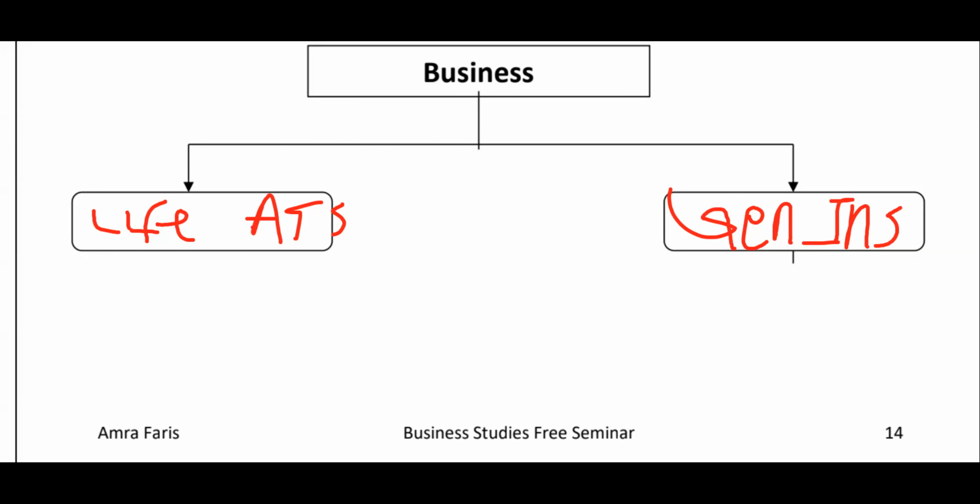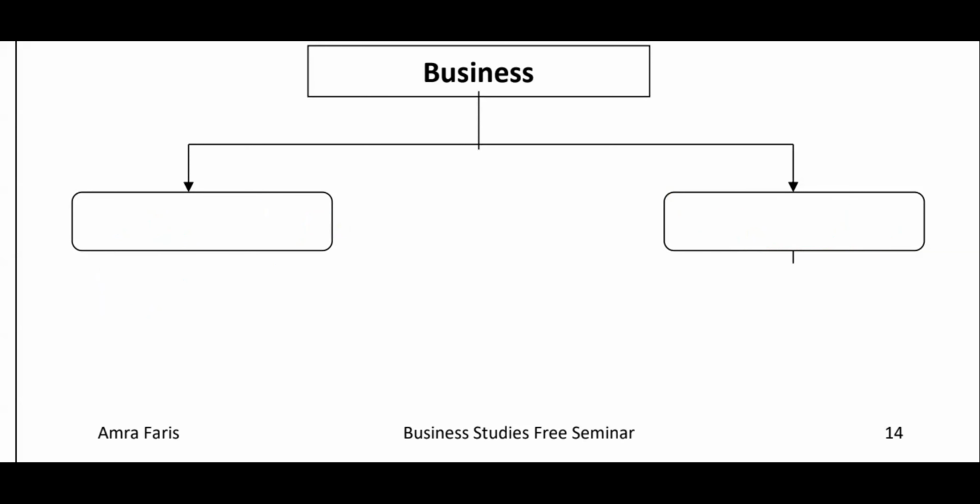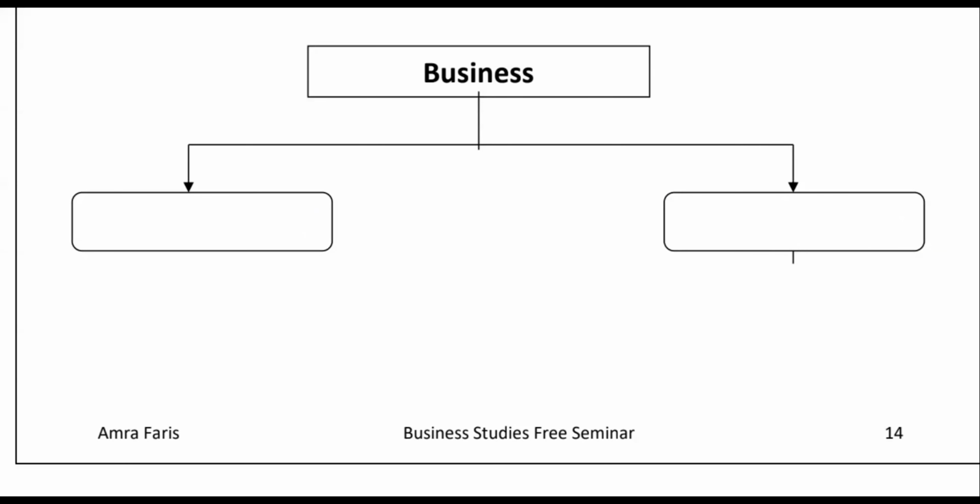So under life assurance, you have four things. The first one is annuity assurance. Write it down. I'll give a simple definition at least. The second one is whole life assurance.